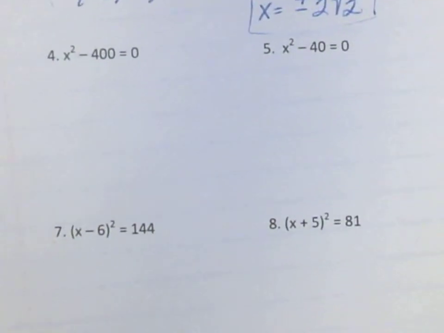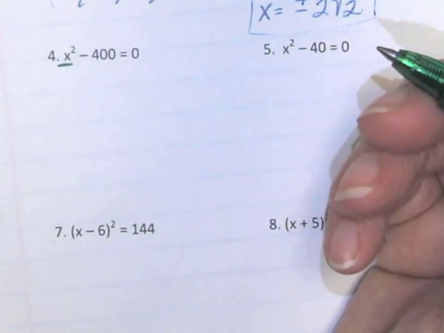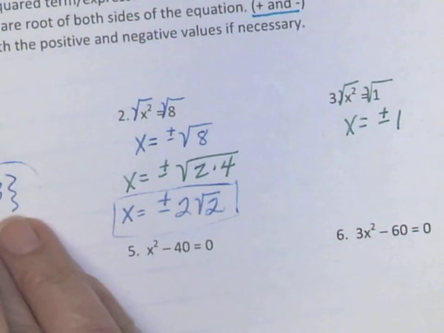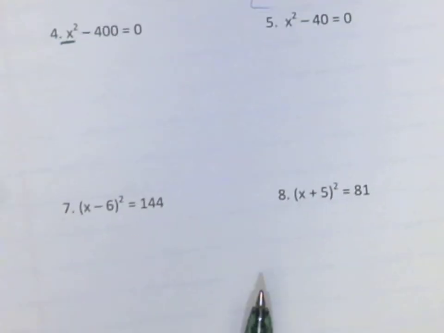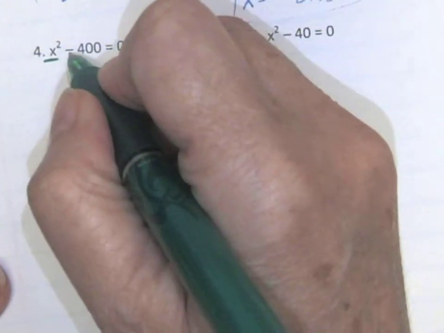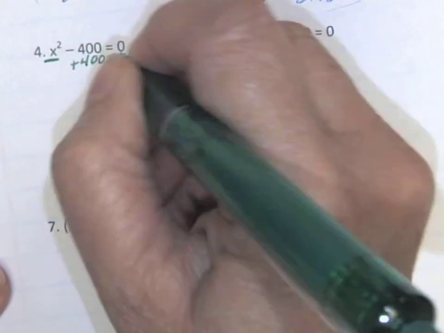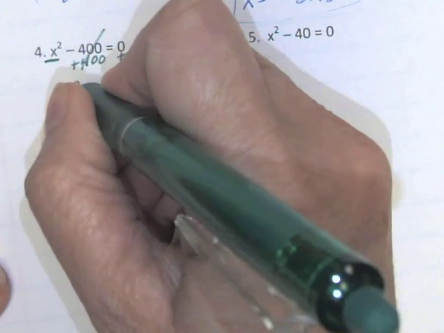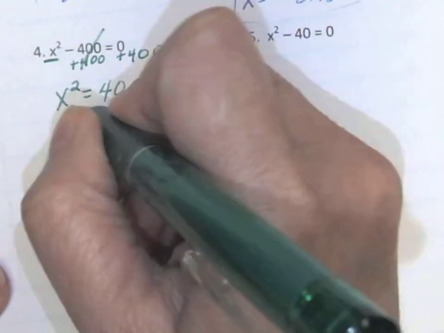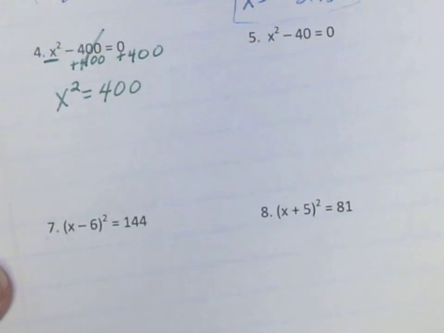Now we get to one where the x squared is not isolated. So far, x squared was by itself on one side of the equal sign. Here it is not. So the first thing I do is isolate it. How do I get rid of a minus 400? I do the opposite, which is a plus 400. Now this x squared is isolated on this side of the equal sign.